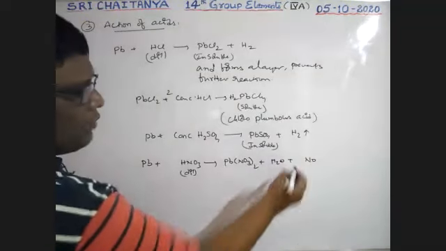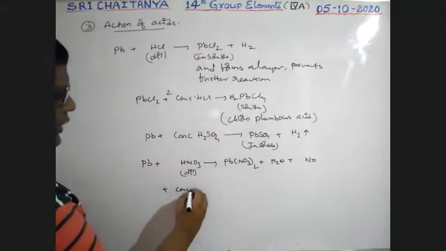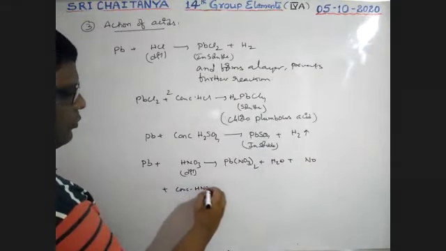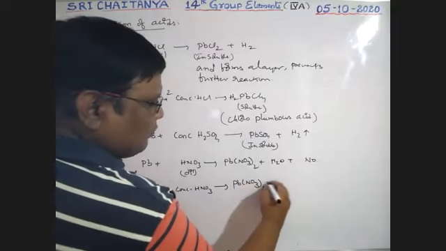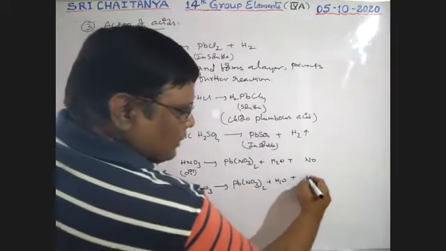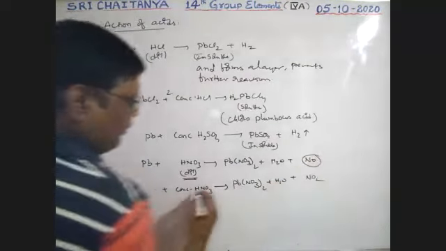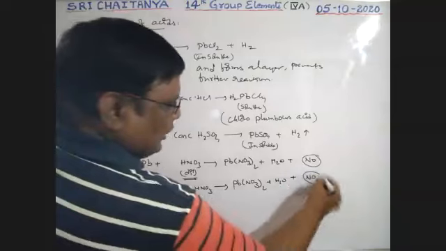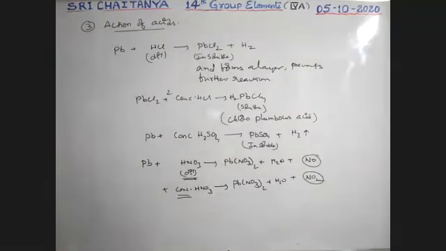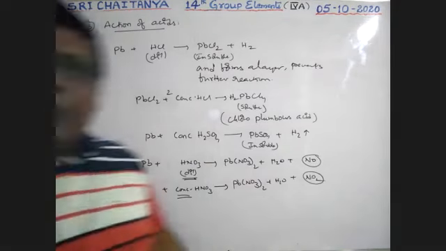When it reacts with concentrated HNO3, that gives lead nitrate plus H2O plus NO2 gas. So with dilute HNO3, NO is the product. With concentrated HNO3, NO2 is the product. Please take note. So this is about the reactions of our elements with acids.